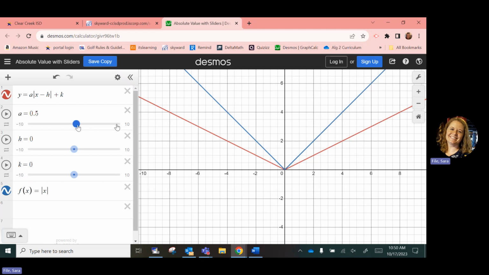It compresses it. But look, if I make my A value bigger than 1, now it looks thinner or narrower, right? It's because like if I had my hands on top and bottom and I stretched them apart, it makes it look taller and thinner. So your A value is a vertical dilation, a vertical stretch or compression.